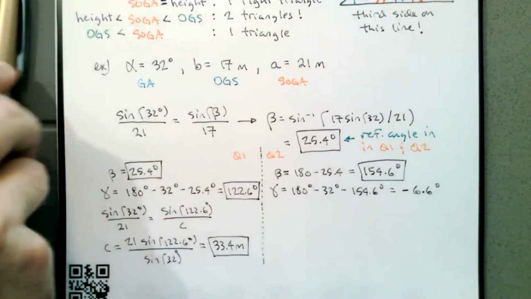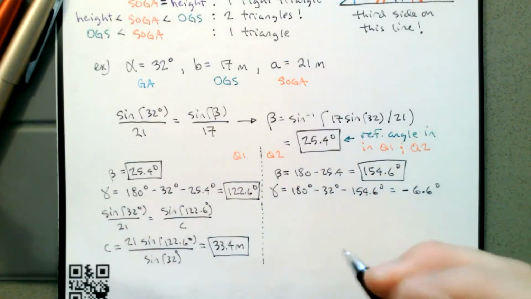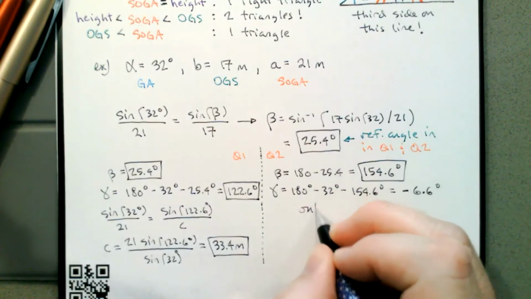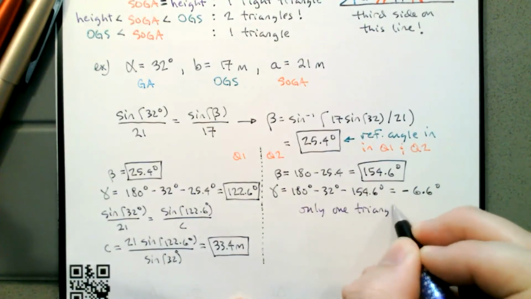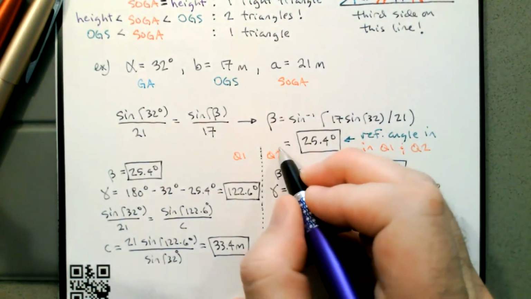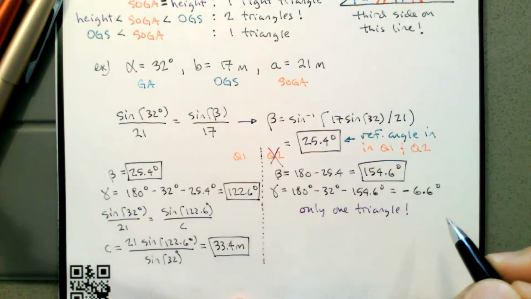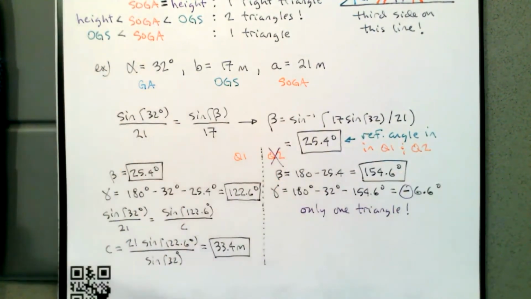And so that tells us that there is only one triangle here. So I don't have to worry about this quadrant 2 stuff because my other gamma would have to be negative.